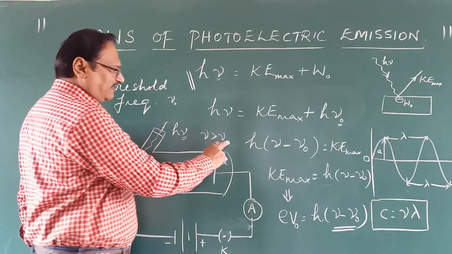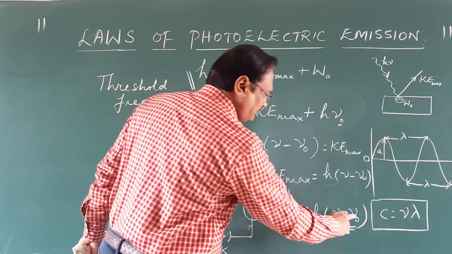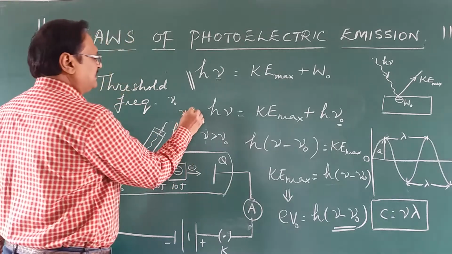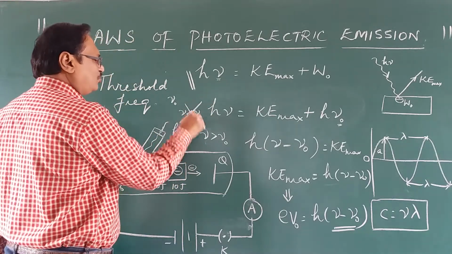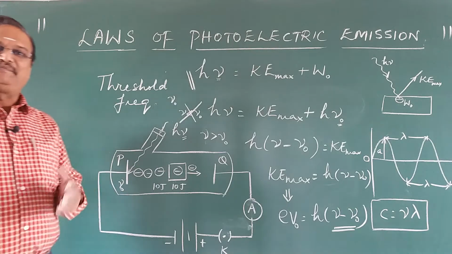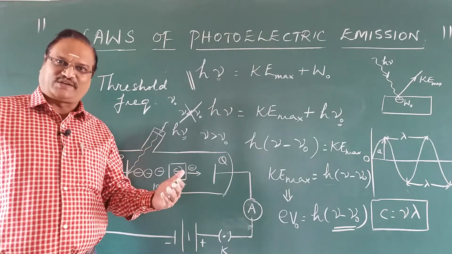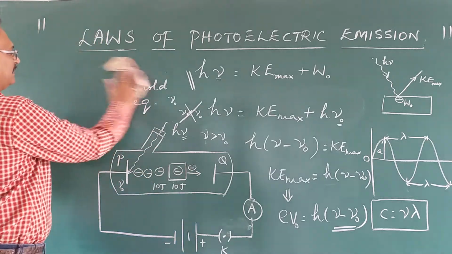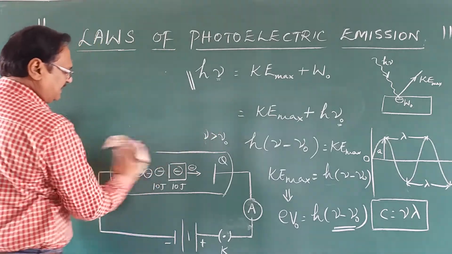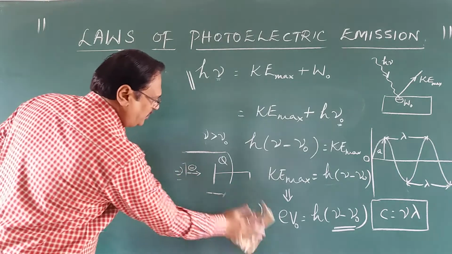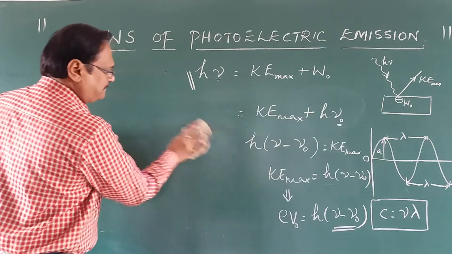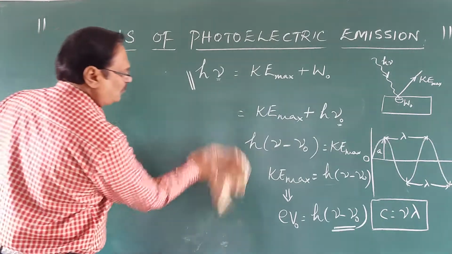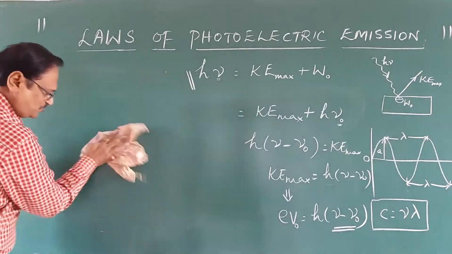If nu is less than nu naught, there is no question of photoelectric emission taking place. You understand this point? So the third point is that for every emitter there is a minimum frequency below which photoelectrons will not be emitted, and that is called the threshold frequency.